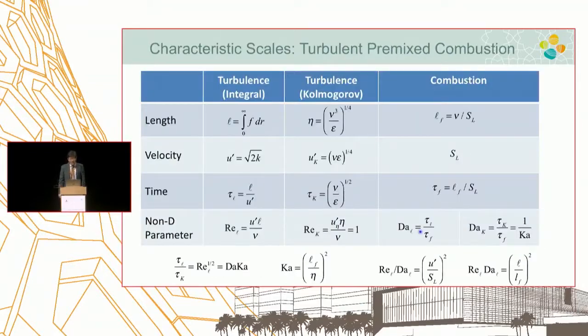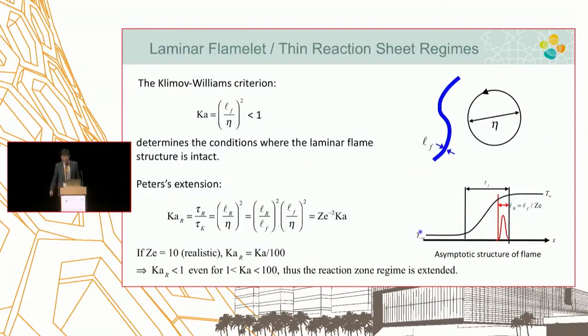So why does it matter? When you characterize turbulence, chemistry, flame interaction, it's all about time scale, or time scale is easily converted to length scale. One of the important thresholds dictating flame behavior is the so-called Klimov-Williams criterion.